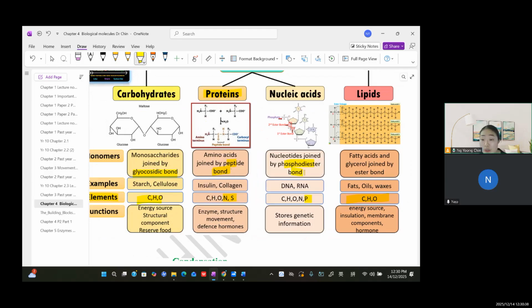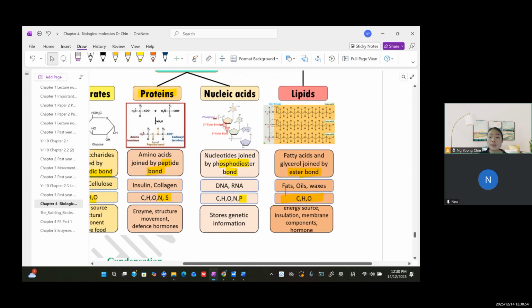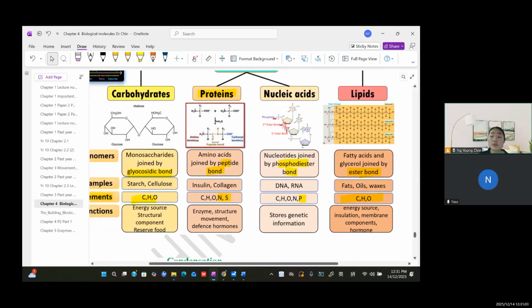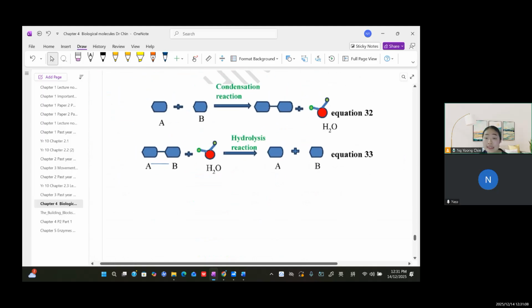It's not hydrogen bonds, it is phosphodiester bonds, which join the sugar-phosphate groups. They make the backbone, joining one nucleotide to another. Lipid has ester bonds. Lipids become a source of energy, though not the primary source, and they also do insulation, hormones, those kinds of things. Just remember condensation and hydrolysis, and how they are able to occur.